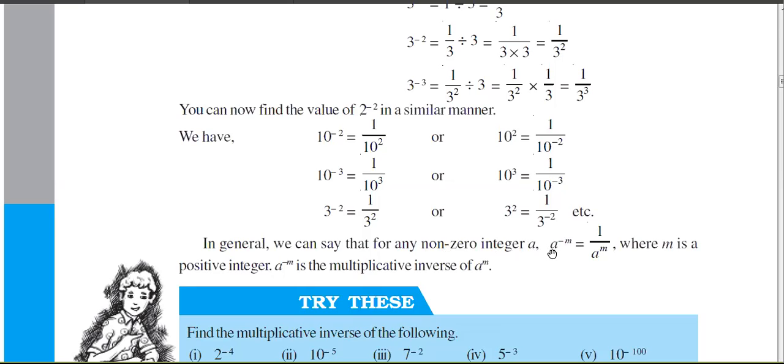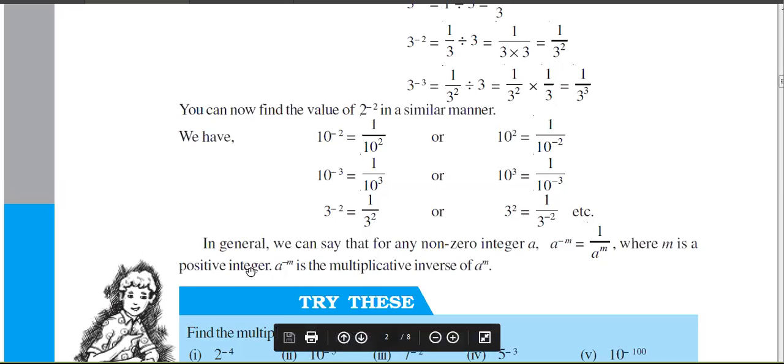We are talking about the base. That is in the example 2 above, it was 3, and again it was 10 raised to the power minus m equal to 1 by A raised to the power m, for any non-zero integer A, where m is a positive integer.